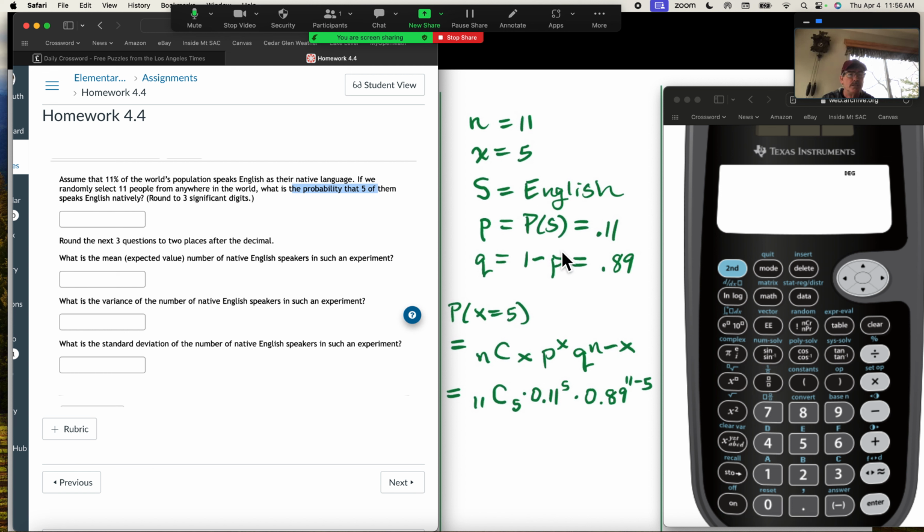So I'm doing 11 choose 5 here. The NCR button right here, press it twice to get the choose, and then 5, we'll hit enter. So that's 462, and so I want to multiply that. Here's a 462, then times 0.11 to the 5th.